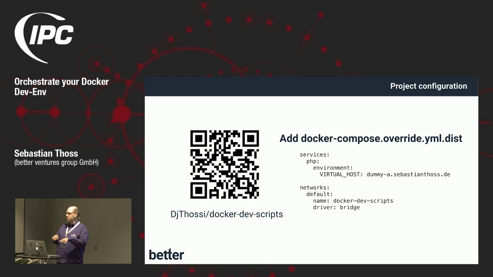If you want to boot this manually or up and down, you don't have to have the full container name all the time. But we usually have the container name in this file like Docker Dev scripts _ dummy a _ PHP. So it stays unique across all systems, and no automatic load balancing, which might be possible in these systems, is kicking in. Because if you're ending up on a load balanced PHP server, and only every second request goes to the server you want, that's trouble.